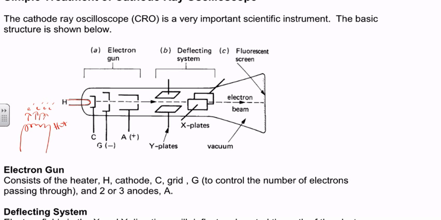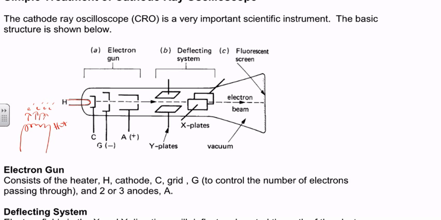Then we have a cathode, a grid, and a couple of anodes, or usually in this case just one.